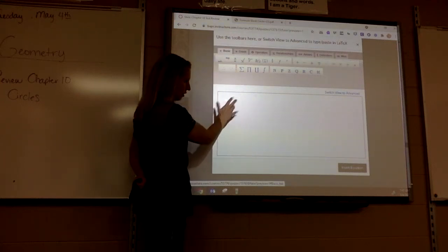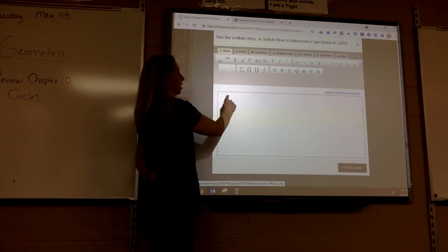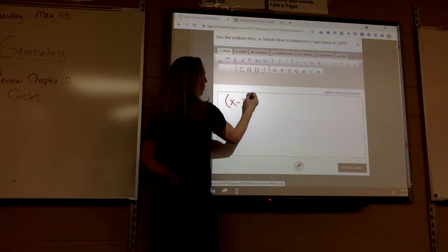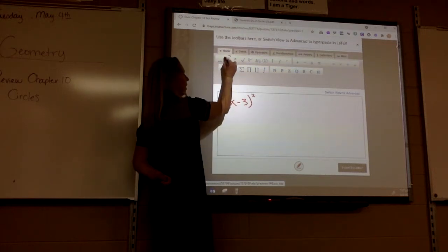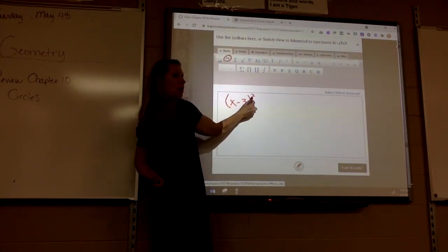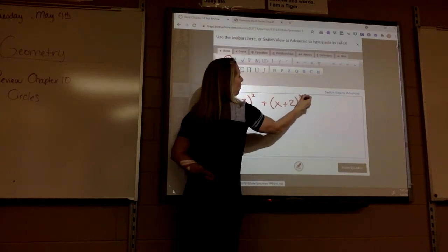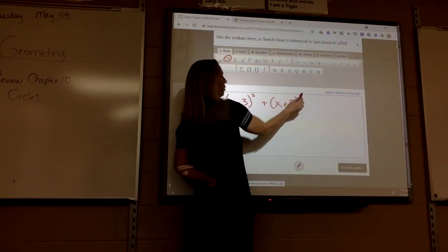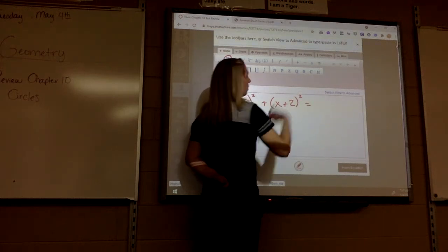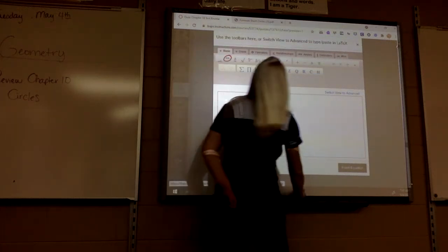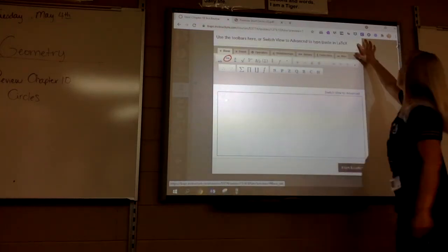I don't have a keyboard, so I can't type. If you wanted it to say x minus 3 squared, you're going to have to hit this button to get the little 2 up there. And then plus x plus 2 squared, you'll just hit that button to get the little 2. And then equals. So that's how you type in equations.